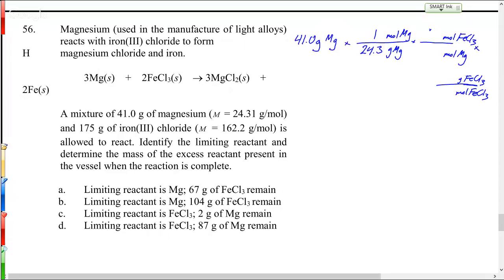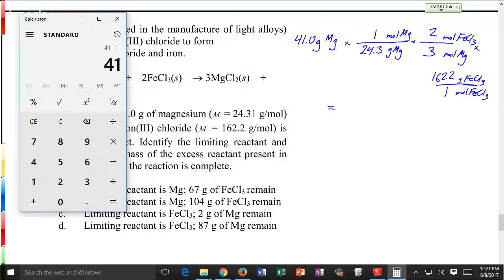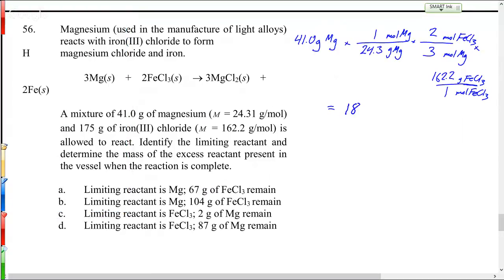The equation tells us 2 of these for 3 of these. And the molar mass of iron chloride is given right here, 162.2 per mole. So that's 41 divided by 24.3 times 2 divided by 3 times 162.2, which is 182. That tells us that if we're going to use all that magnesium, we need 182 grams of iron chloride.